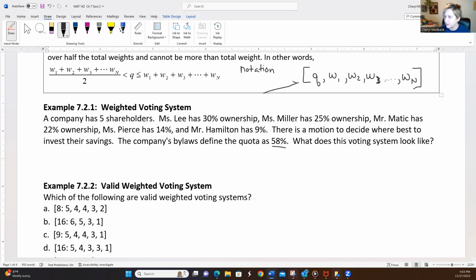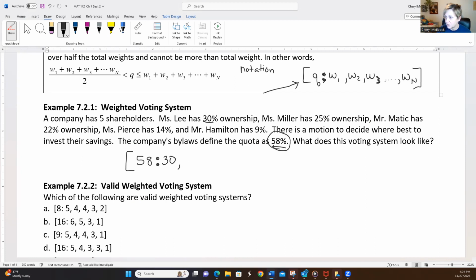We're going to write it in this notation. So it said that the quota, which comes first, is 58%. So we're going to do a square bracket and write 58. That's our quota. Then actually, this should be a colon, not a comma. Then we'd write colon. The weight of the highest player, which would be 30 for Mr. Lee.